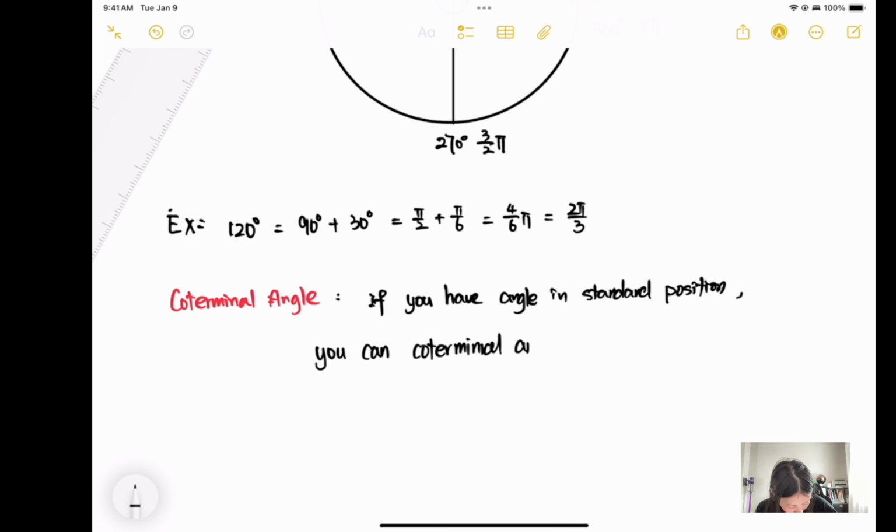Does that make sense? Because they're coterminal, that means they make a circle back, they go back to that terminal side. Or if it's radians, we need to add 2 pi or subtract 2 pi. It will get back to where they're at.